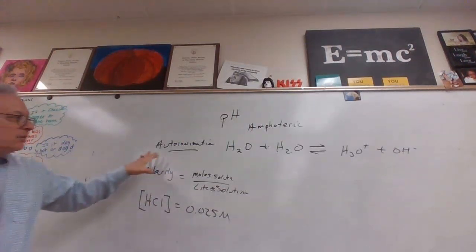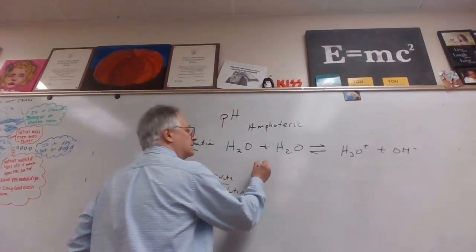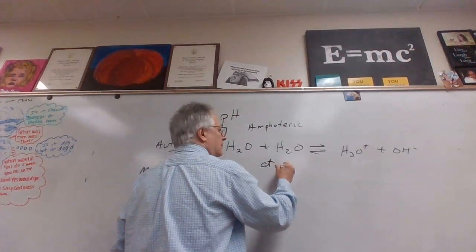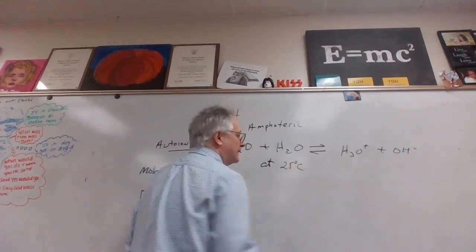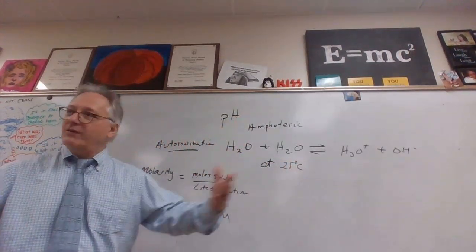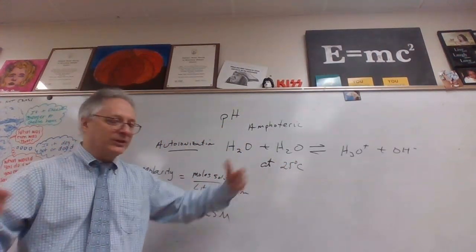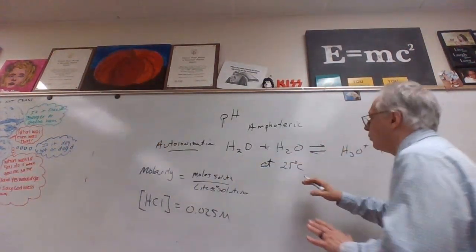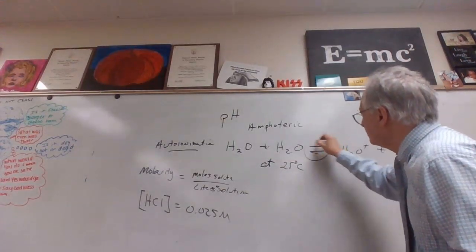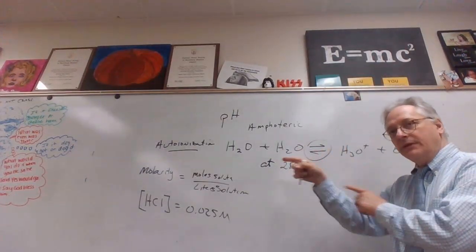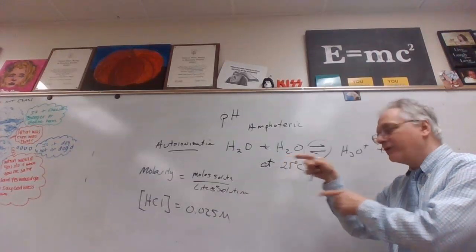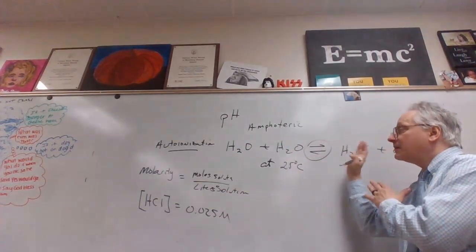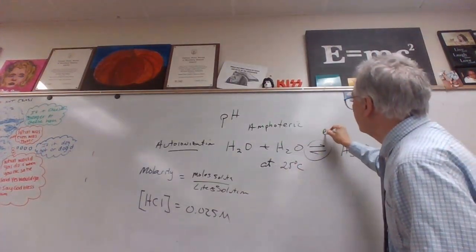So what we know is at 25 degrees C, I just have, say, water that's between 20 and 25 degrees C, room temperature water. These arrows, when they're written one facing forward, one facing backward, this means there's something called an equilibrium.